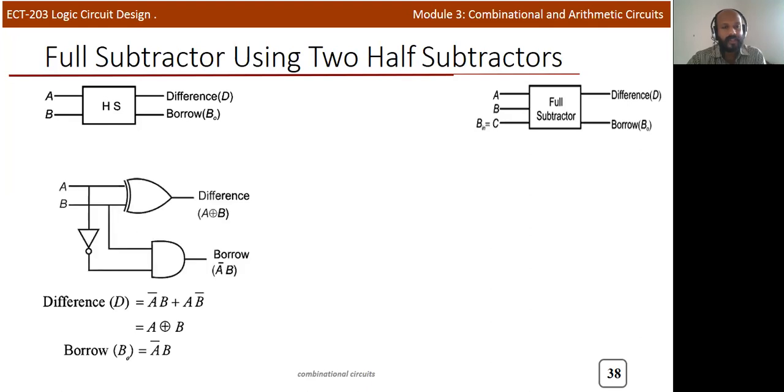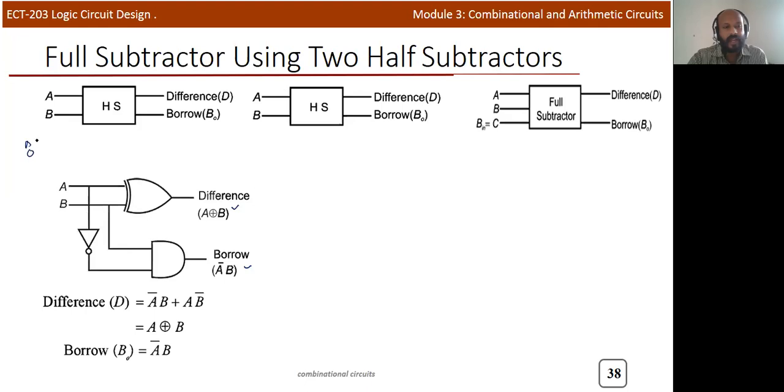Now we can consider the circuit here. So you'll get A XOR B here and A bar B. And now we can consider one more different circuit. Okay, so if there are 3 values, for example A, B, C, first we need to perform A minus B. You will get some result, 0 minus 1.